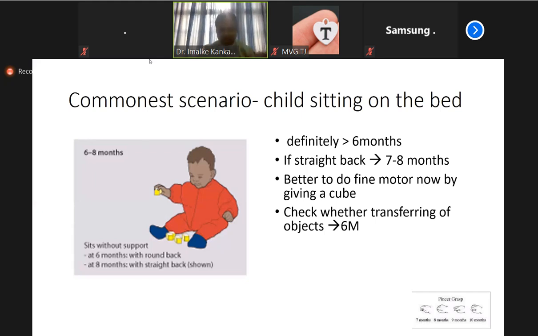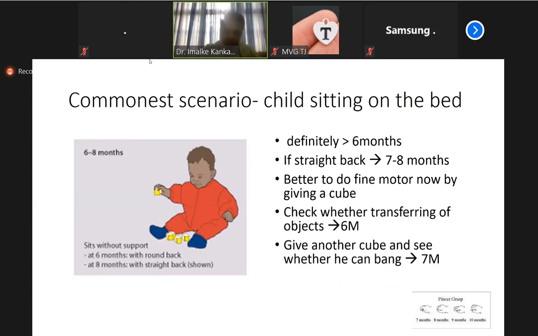And then you take another 2 cubes and just demonstrate banging, right? Now I hope you can imagine, I don't have cubes here with me, and give another cube to the child for him to do that same thing. If he does banging, that means it's 7 months, right?